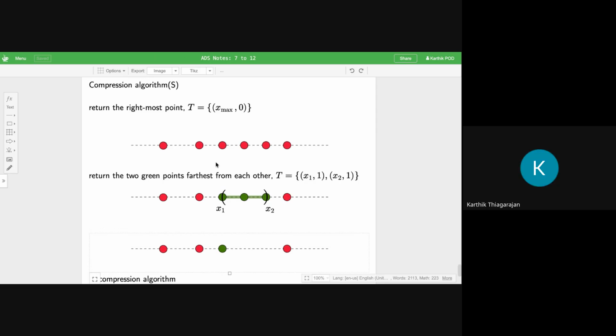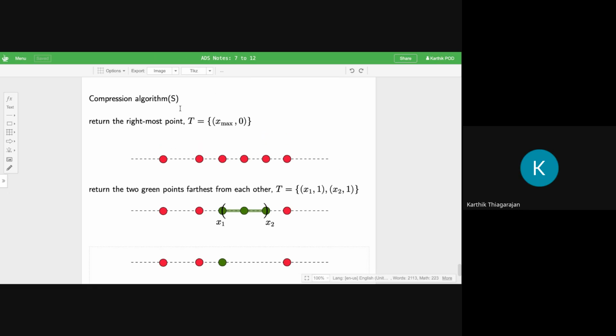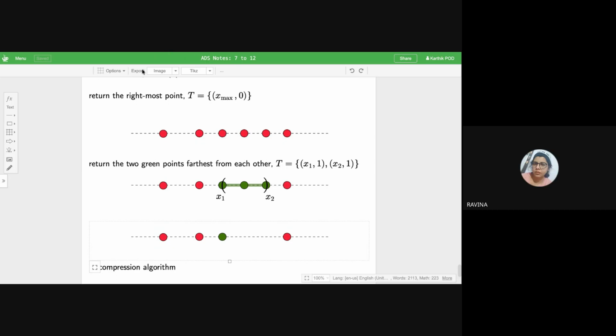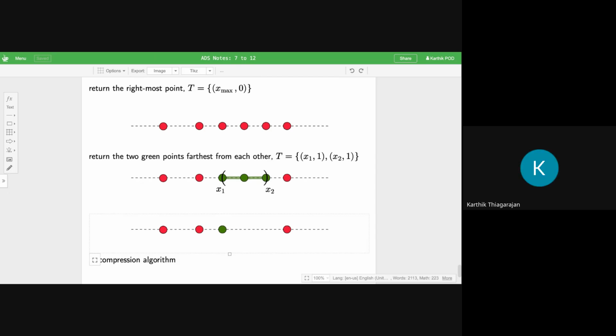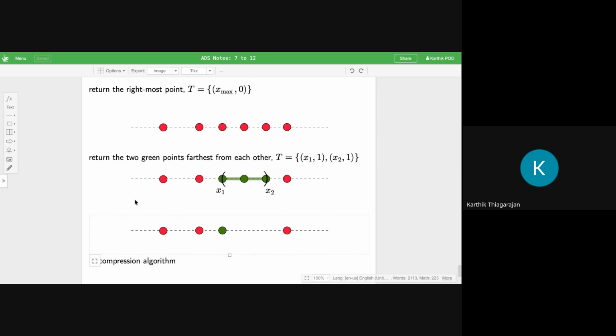Sorry, can you repeat the question? I didn't get it. I was saying, let's say all the points are green, like 4 points in the last row, all green, and we make an interval from the first point to the last point. Okay, see, there are 3 cases we are considering, right?